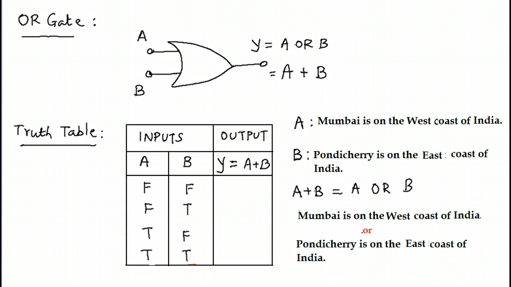So whenever the word or is used in Boolean algebra in isolation, then you have to interpret it in the second way, meaning either the first statement or the second statement or both statements are true. It's a bit like a school.